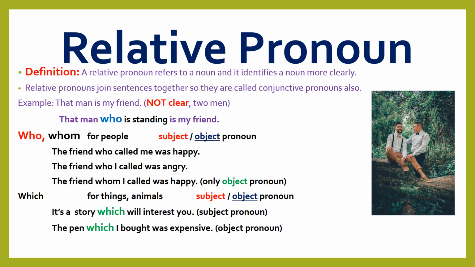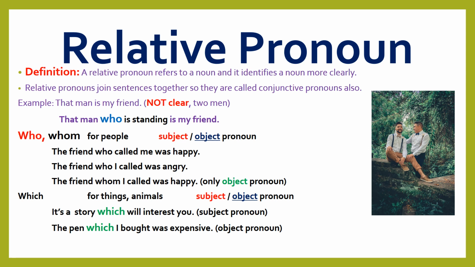And the third example: the friend whom I called was happy. So here you can see the pronoun whom is used as the object pronoun. Remember students, whom is only used as an object pronoun.